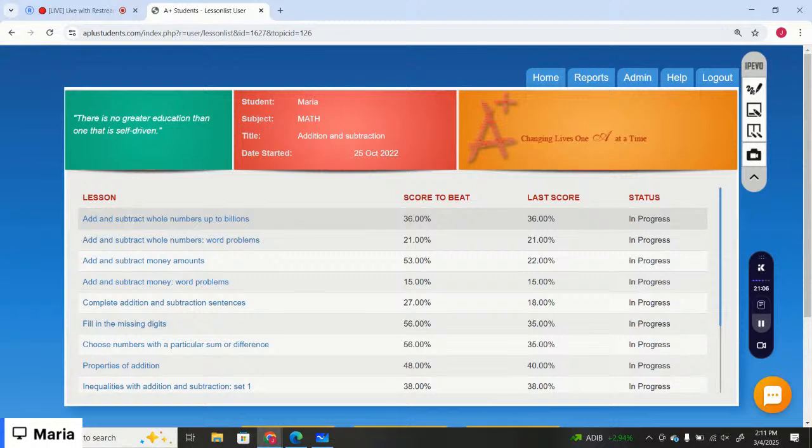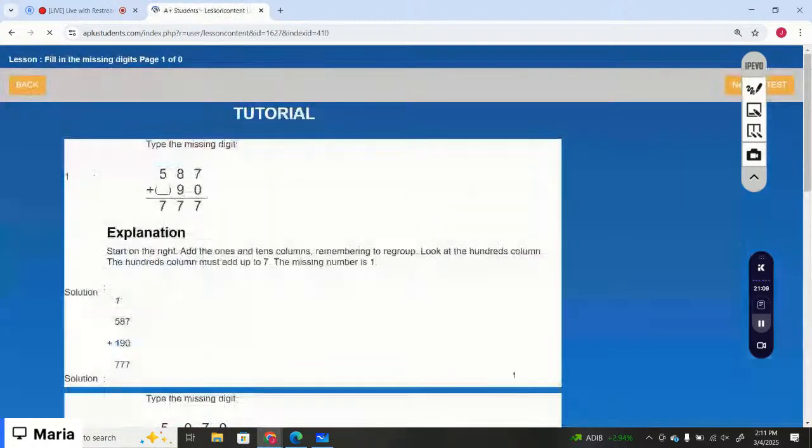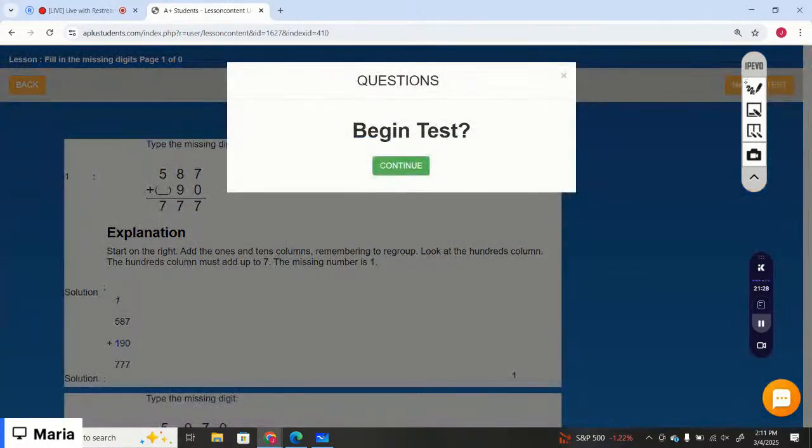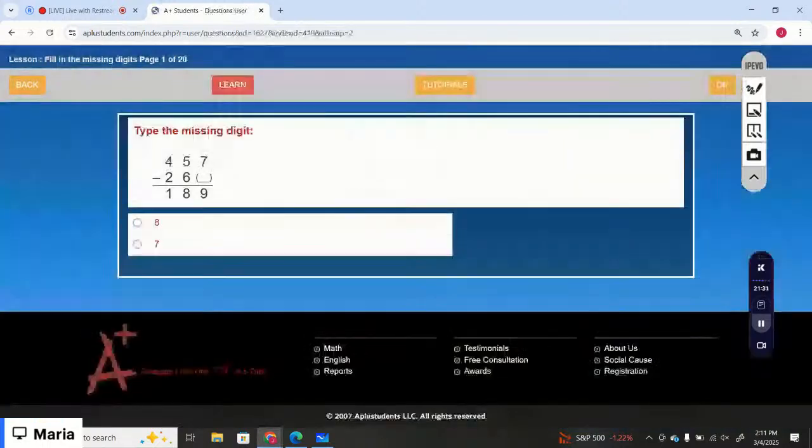The next lesson is fill in the missing digits. Okay, let's start with the test question. We need to find the missing digits now, only one digit. Just look at the question and think and then you answer, right?